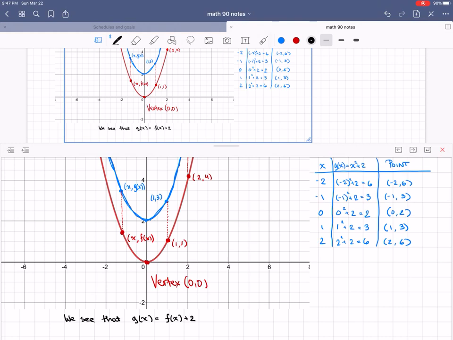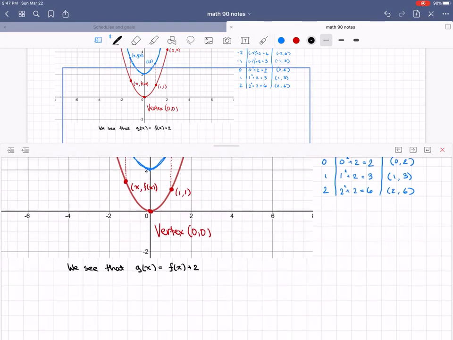So if you put an input into the function g, and you put that same input into the function f, you will always get an output that's bigger by 2 out of g than out of f, okay?